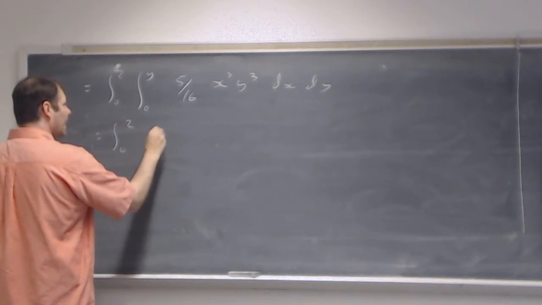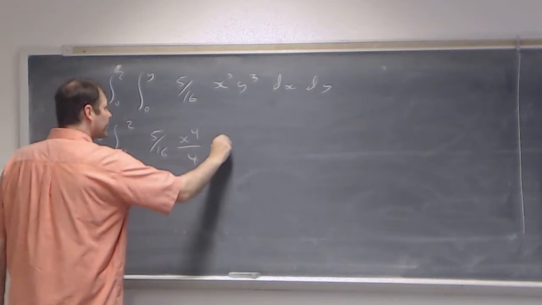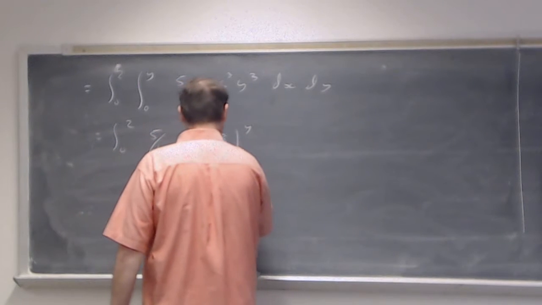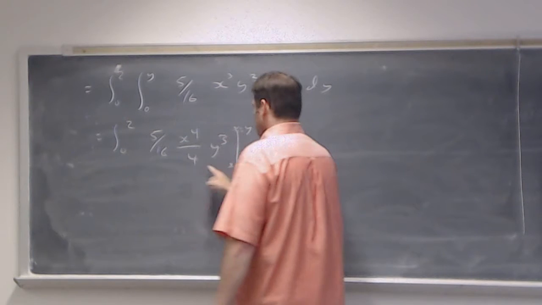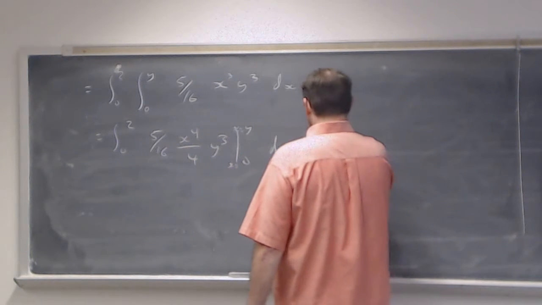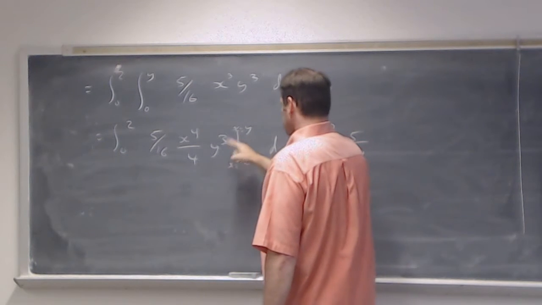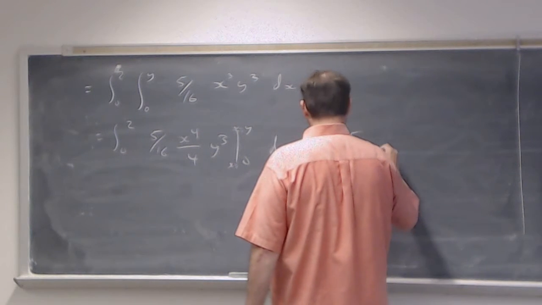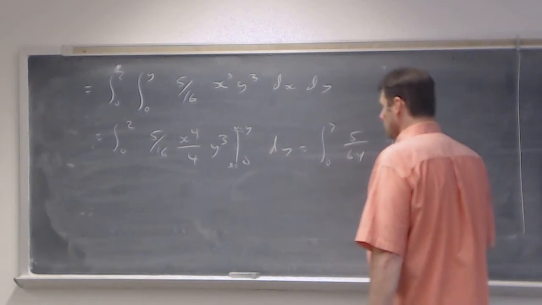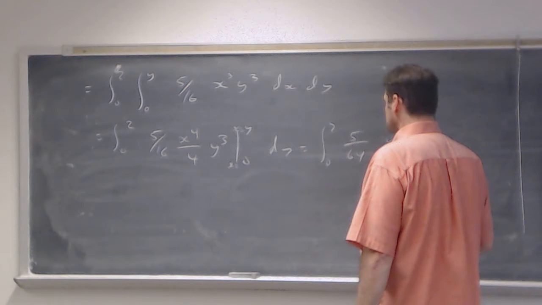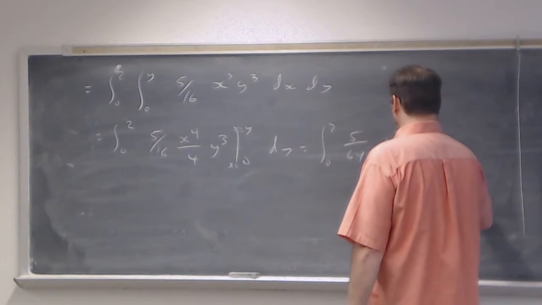This would be 5/16, x to the 4th over 4, y to the 3rd, sticking in 0 and y for x. 16 times 4 is 64, so it goes from 0 to 2 of 5/64. I'm going to let x be y, so this is y to the 7th, and when I stick in 0, I get nothing. dy.